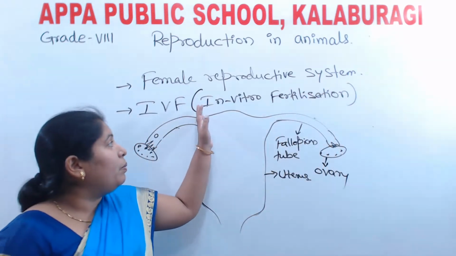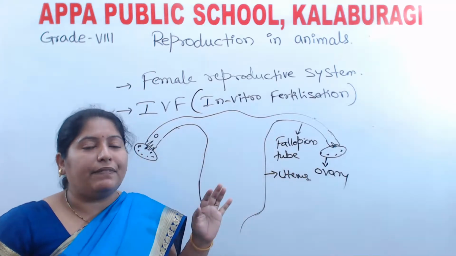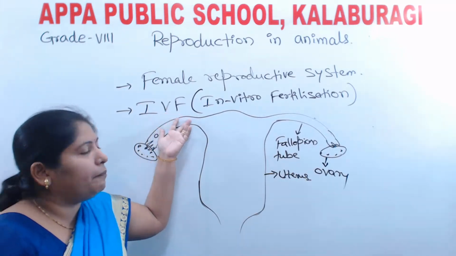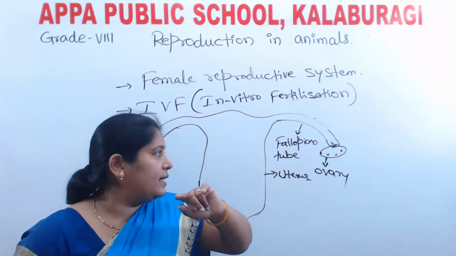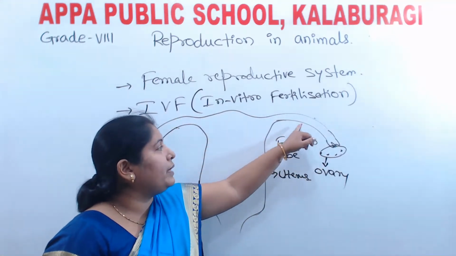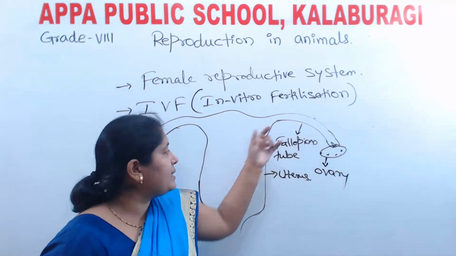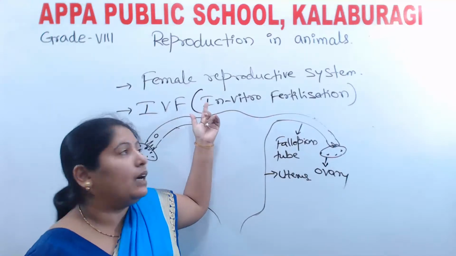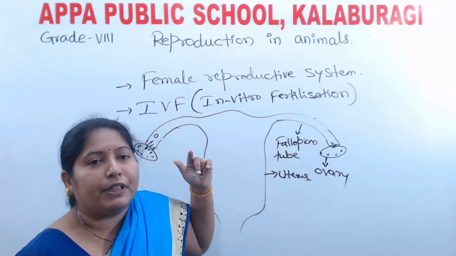Right. So what exactly is happening in this IVF process? Usually the couples, when they go for this process, have either the fallopian tube malfunctioning or else the uterus malfunctioning. At that time they go for the alternate process of reproduction, that is the IVF process.